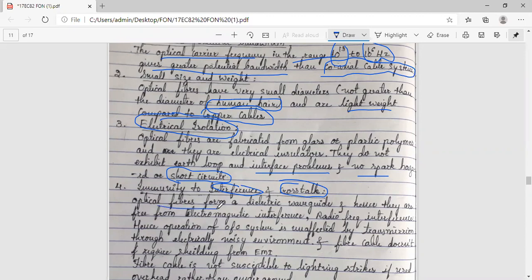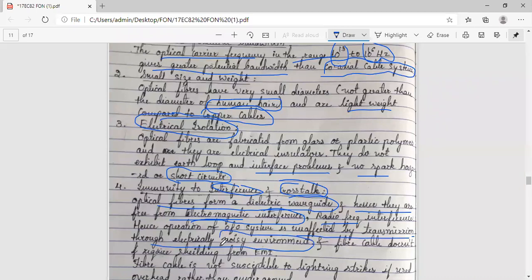Optical fibers form a dielectric waveguide, they act as a waveguide, and hence they are free from electromagnetic interference. Two types of interference are mentioned here, electromagnetic and radio frequency. Hence, the operation of the optical fiber communication system is unaffected by transmission through any noisy environment.